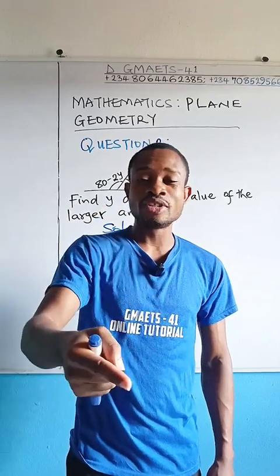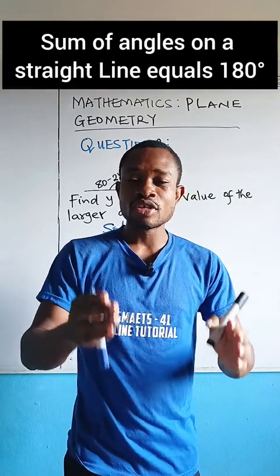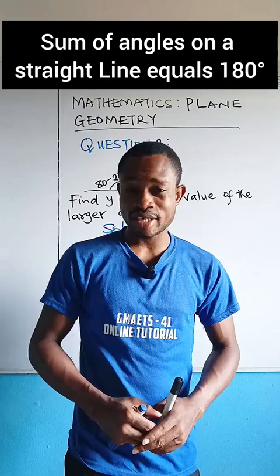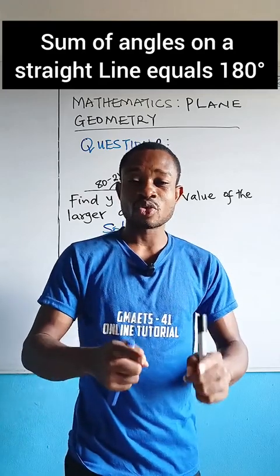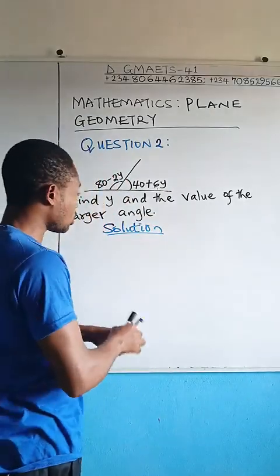You need to know this rule at heart. Sum of angles on a straight line equals 180. So if you add all the angles on a straight line, you will get 180.